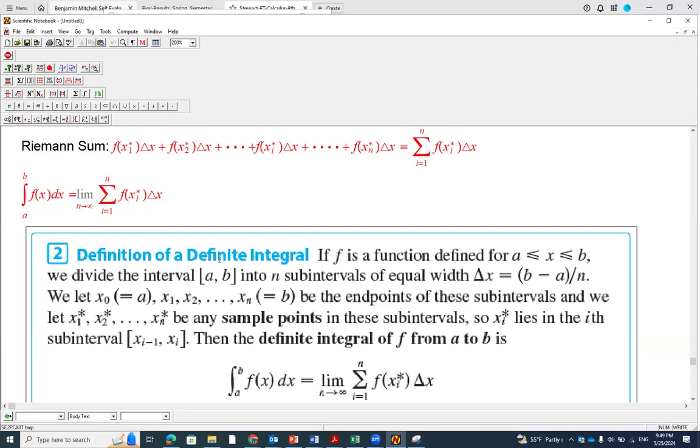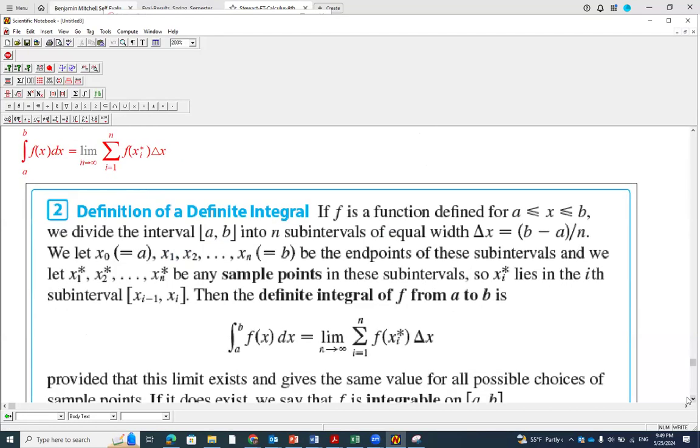So that's the definition of the definite integral. You can see the definite integral is to find the area underneath the curve between a and b on a specific interval.